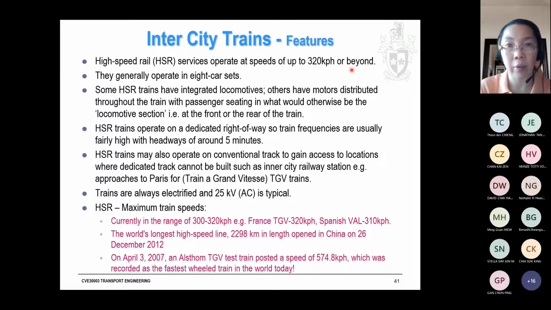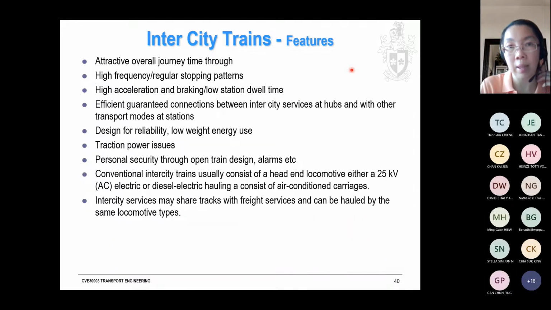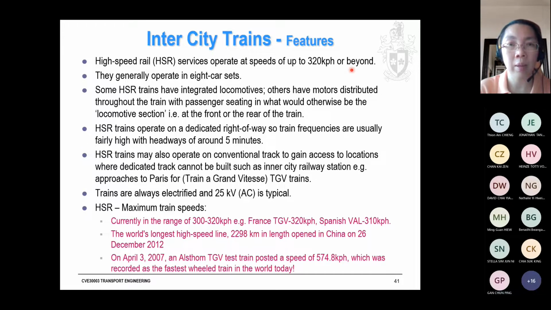Some of this intercity train may produce some clickety sound because of the track it uses. But for HSR, it's very smooth. If you sit inside, there's no sound, and you just don't realize that you are traveling at that speed.